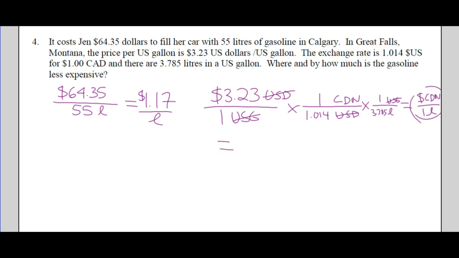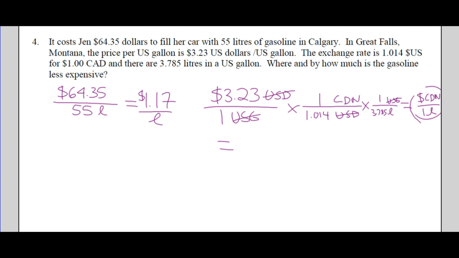Okay, so we do this calculation. We take 3.23 times 1, and I need to divide it by two numbers, right? So you can either do two divisions, go this divided by this, hit enter, divided by this, hit enter, or go 3.23 divided by bracket this times this.